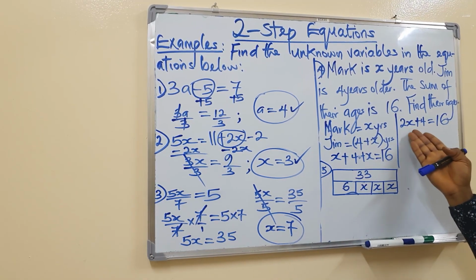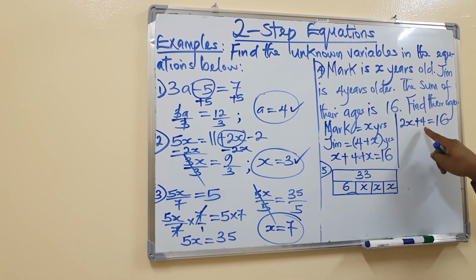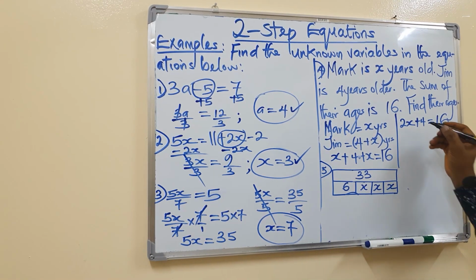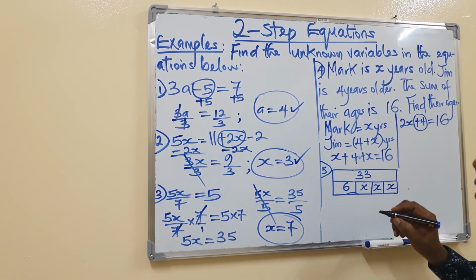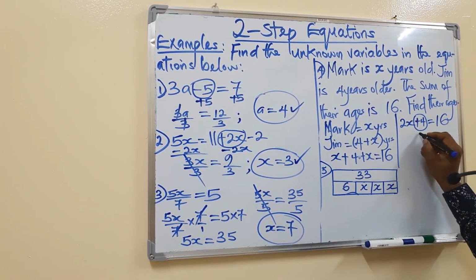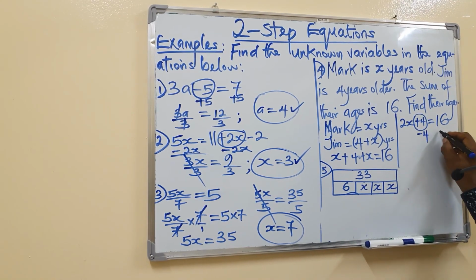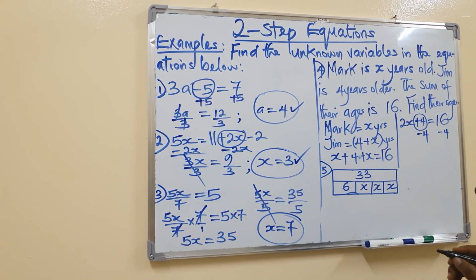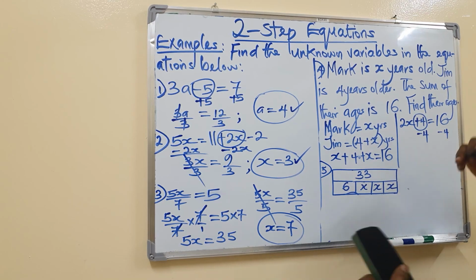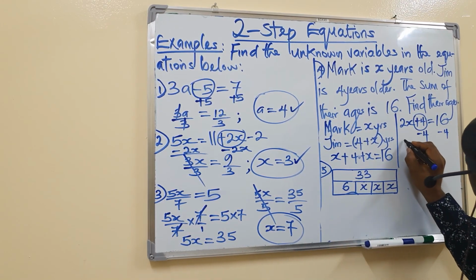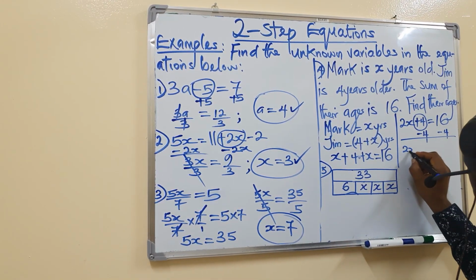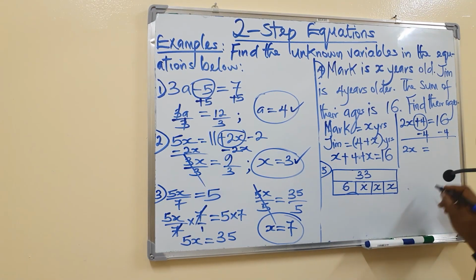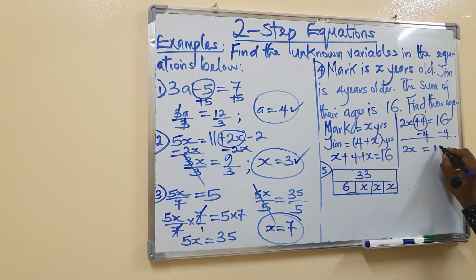Separate the numbers close to the unknown variable. So first, I'm going to remove this 4. Initially, the 4 was a plus, so I have to minus it to let it go. Minus 4 from the left, minus 4 from the right. In that case, 4 minus 4 is 0. I'm left with just 2x on the left, equal to 16 minus 4 is 12.